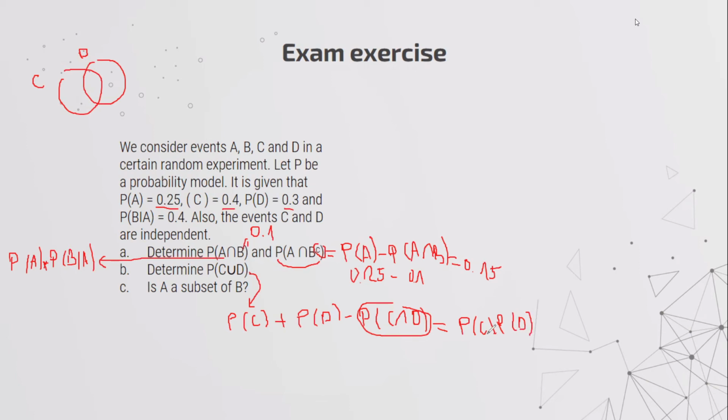But we already know C and D, so it should be easier to calculate the intersection between C and D. And we already have all the unknowns, so it would become probability of C, which is 0.4, plus 0.3 minus 0.4 times 0.3. We just have to use that C and D are independent.